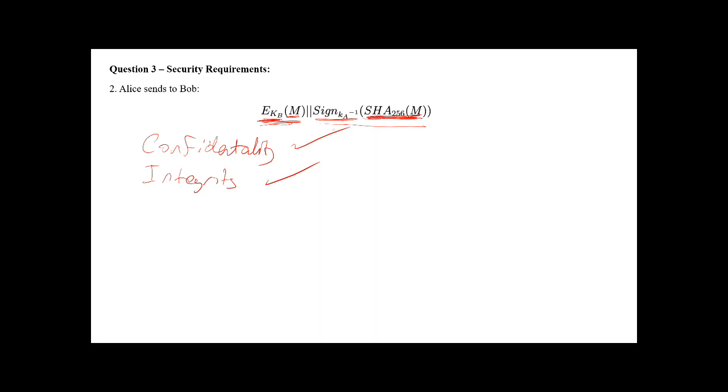And if he did not, he will know that the message is not correct, and this is exactly integrity. The last thing that is satisfied here is non-repudiation, only because we have this digital signature. So we are sure that Alice is the sender, and we ensured non-repudiation when the hash is encrypted using the digital signature. So we have non-repudiation.